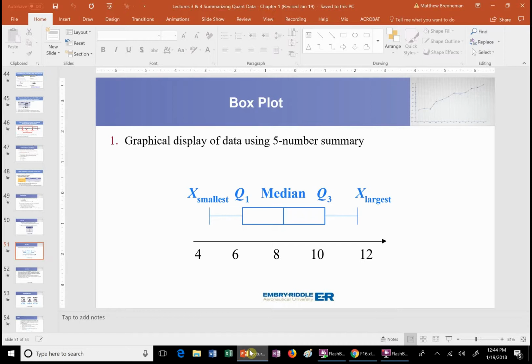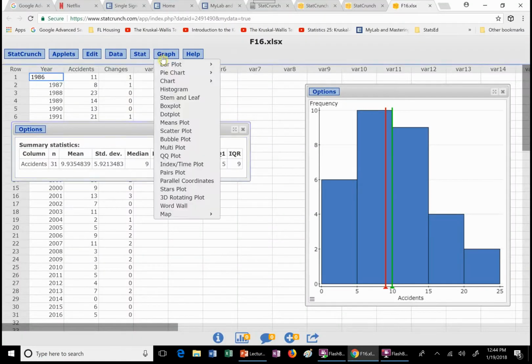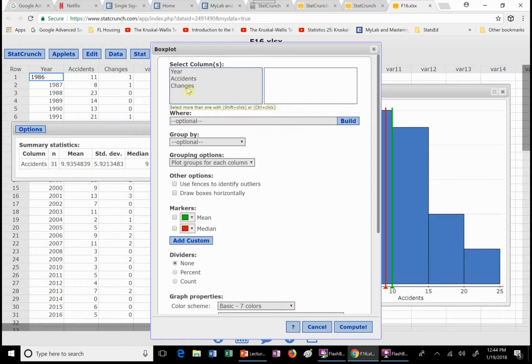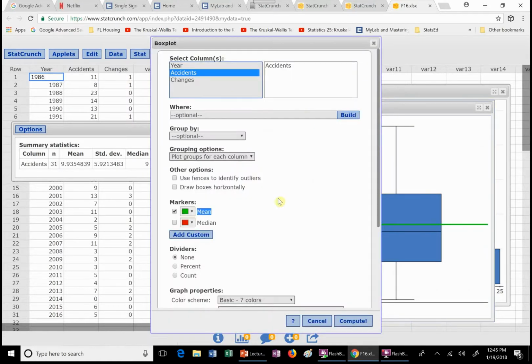So let's go ahead and make a box plot of this data for our F16s. I'm going to say graph, box plot, accidents. The median will already be in there. And I'm going to change this so that it ends up being draw box horizontally, so that the box plot is horizontal.